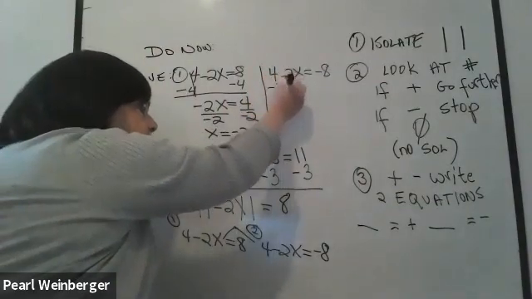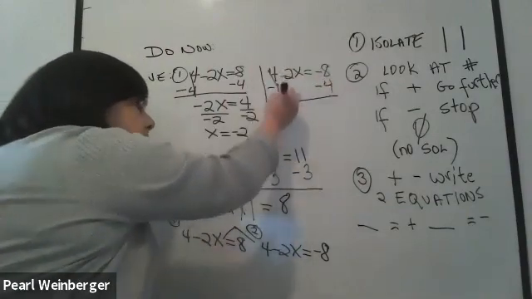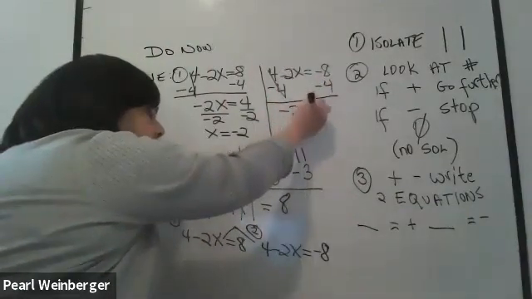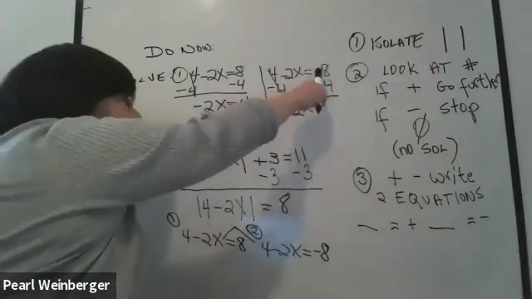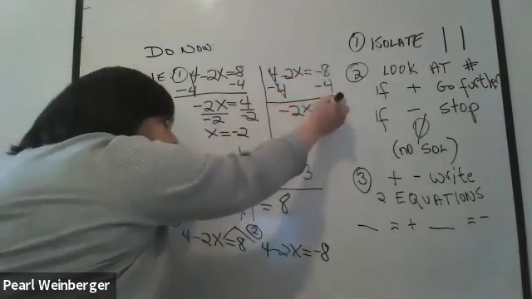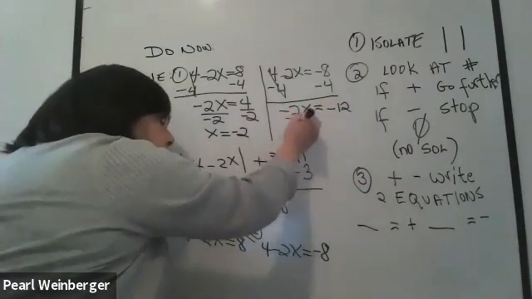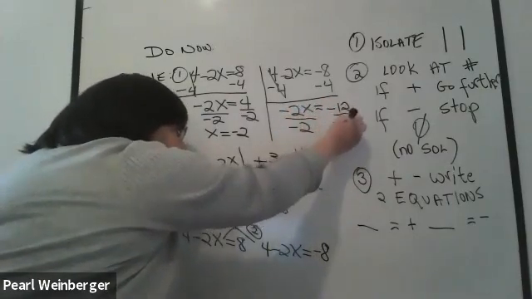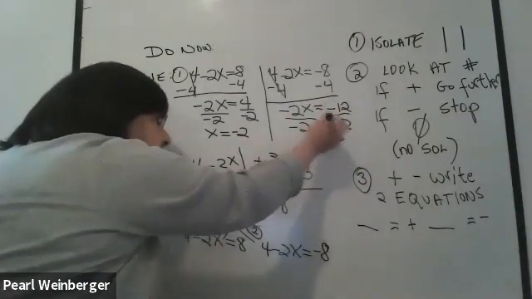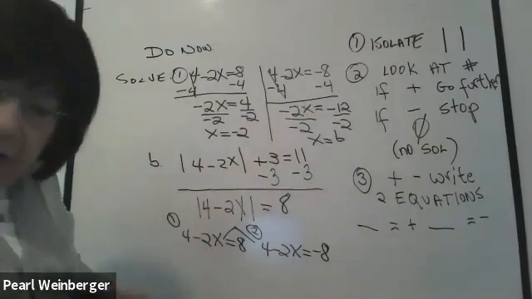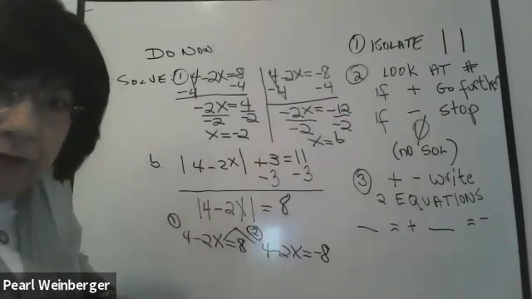Again, you have to subtract the 4 from both sides. And this will give you, again, -2x on the left. And on the right, now we have a -8 and a -4, that'll give me -12. And when I divide by -2, that gives me my second answer, x equals +6. And yes, somebody did put that answer in the chat.